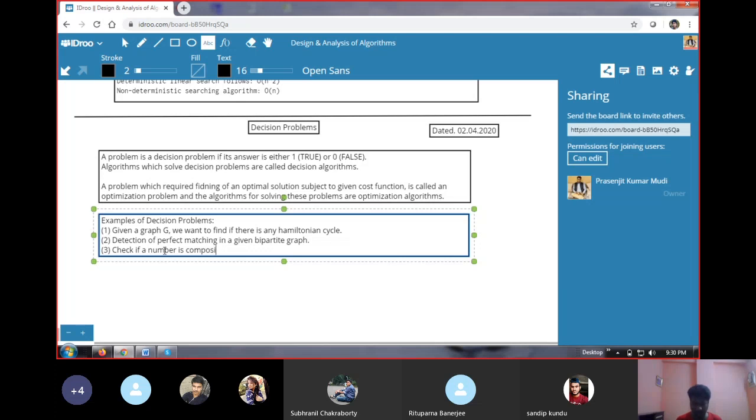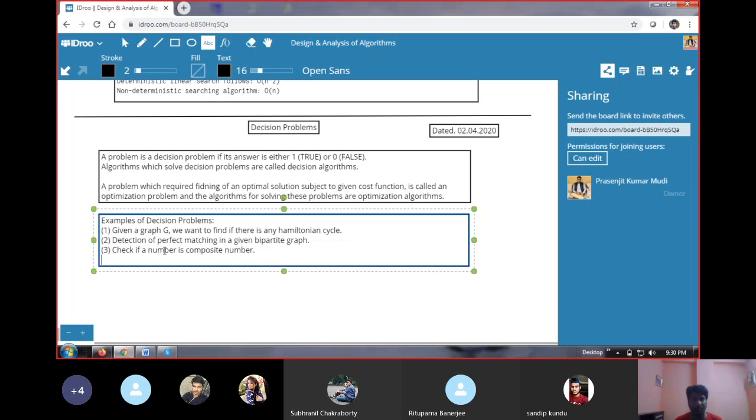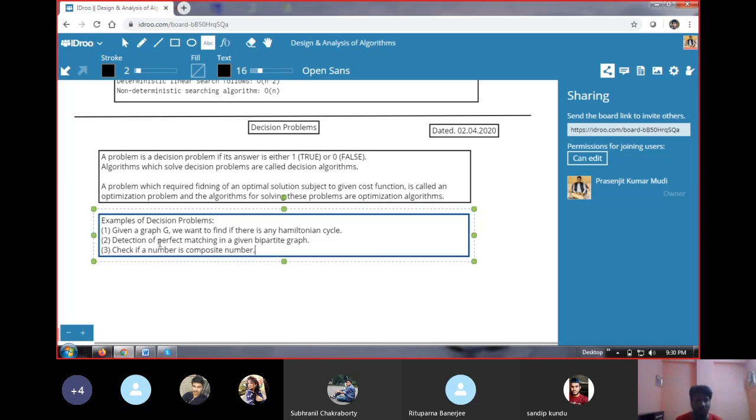Then, whether a number is a composite number. So we can take this.